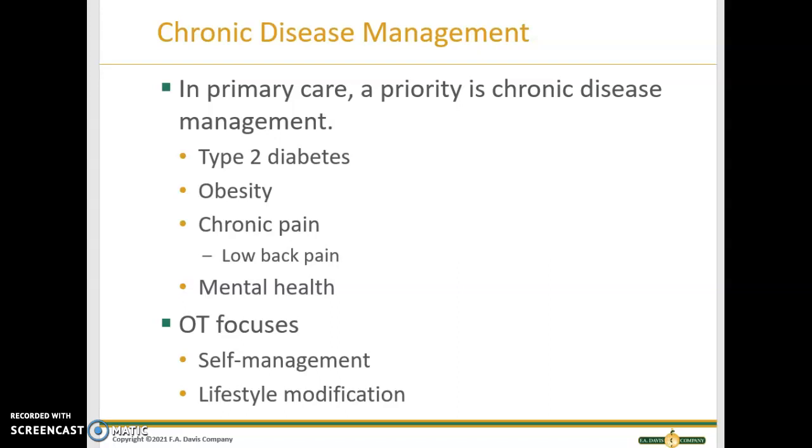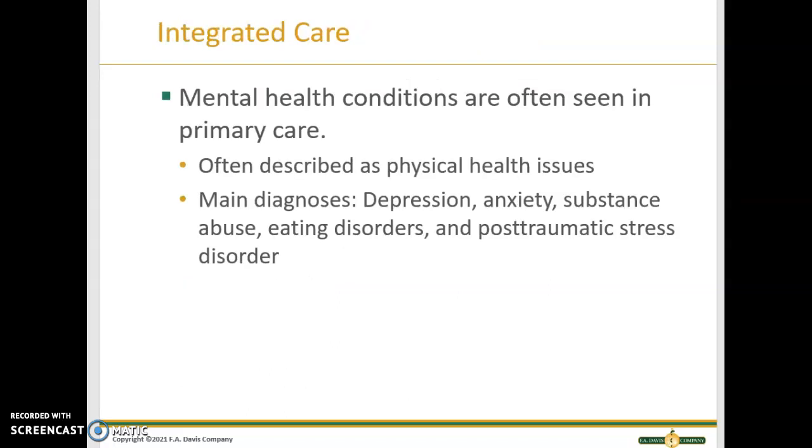As an occupational therapist, we can help that patient focus on self-management, lifestyle modification, and then for the client who has mental health conditions, they're also often seen in primary care. So we can address those physical health issues. Usually those diagnoses include depression, anxiety, substance abuse, eating disorders, and post-traumatic stress disorders.